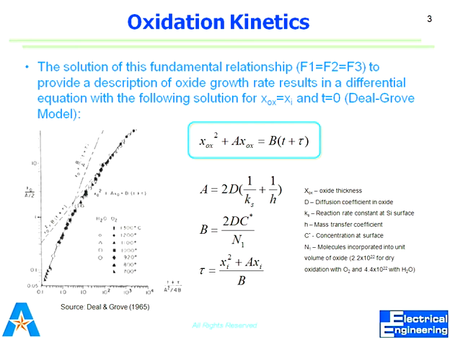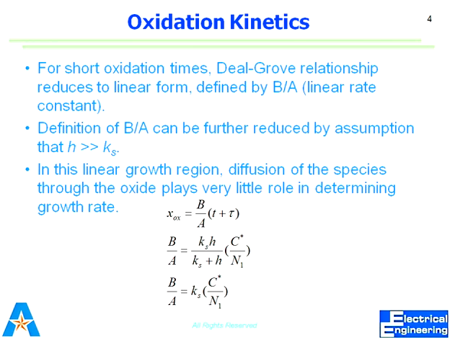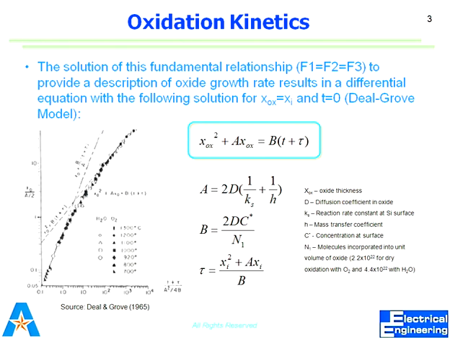Now I'll let you know the significance of this A and B. In this equation, if I say that the time is much greater than tau, in other words I am talking about a very thick oxide layer, meaning X oxide is much larger.